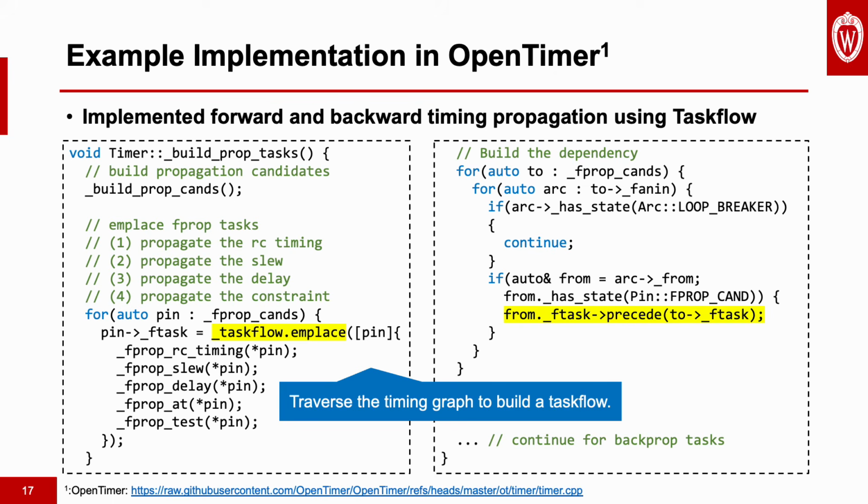And each edge represents a task dependency between two propagation tasks. We do this for both forward and backward timing propagation algorithms. As you can see, the core propagation function is fully parallelized using just static task graph programming. The resulting parallel code is very concise thanks to the expressiveness of Taskflow.